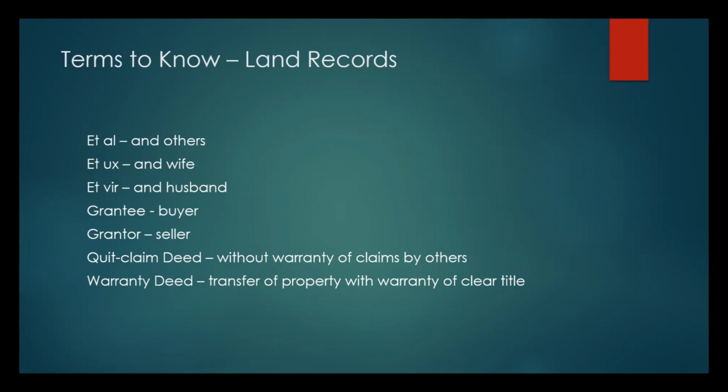So for instance, I was trying to find land in Delaware County that belonged to one of my ancestors. I pulled the grantor index to see if I could find his name.